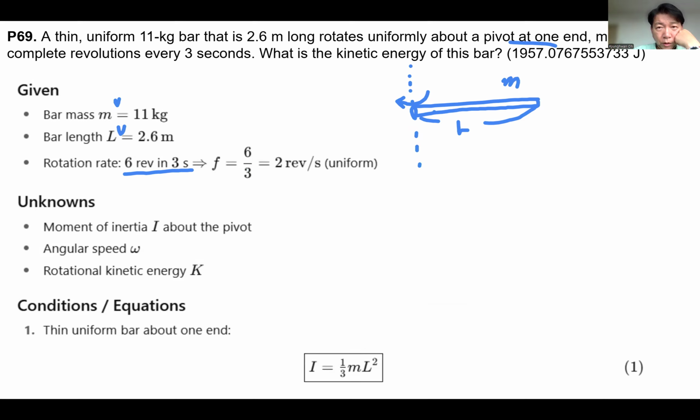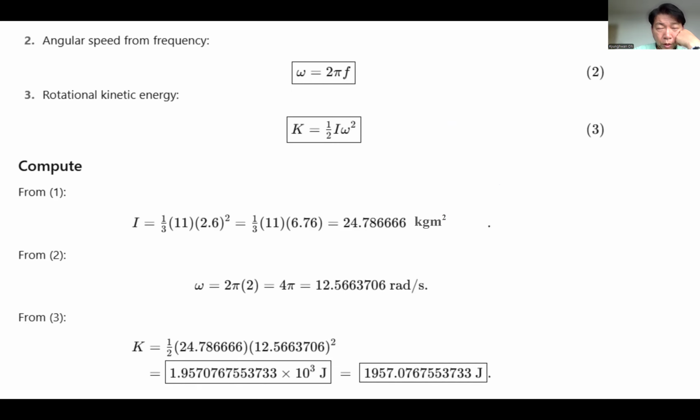Then we do not have any translational motion, such that the kinetic energy should be 1/2 I omega square. So we need to find I and we need to find omega. In this case, I is given by this one and omega is given by 2 pi f, in terms of radian per second.